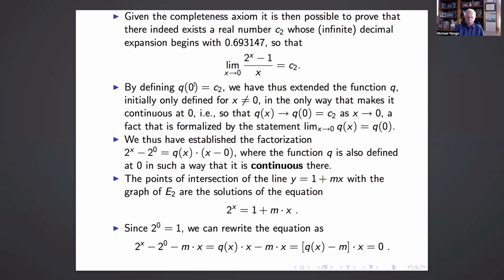And the first two differences here are written as q at x times x. We have this factorization minus m times x, and we can factor out the common factor x to get (q at x minus m) times x equals 0.